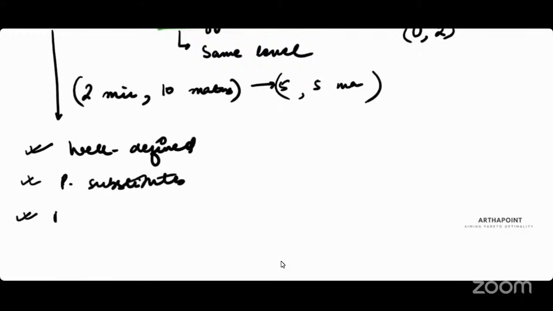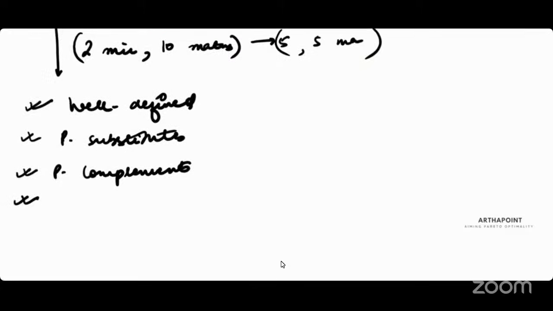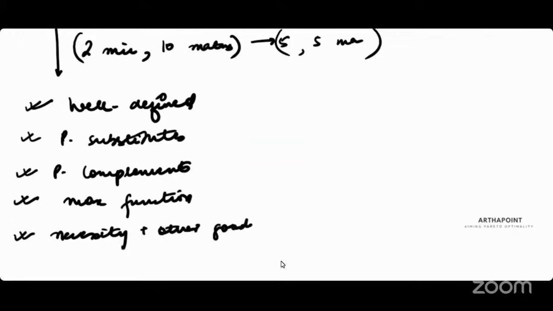You can have indifference curves which represent perfect complements. You can have an indifference curve which represents something known as a max function. You can have an indifference curve which represents a combination of necessity and other goods, represented by a quasi-linear indifference curve.